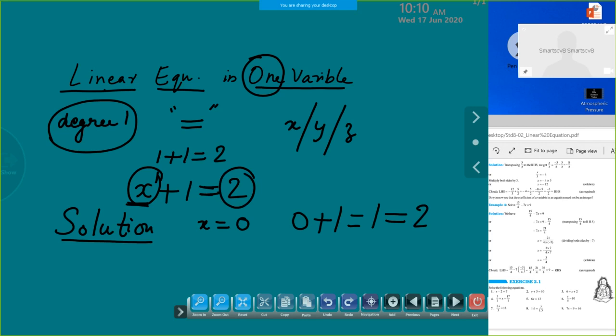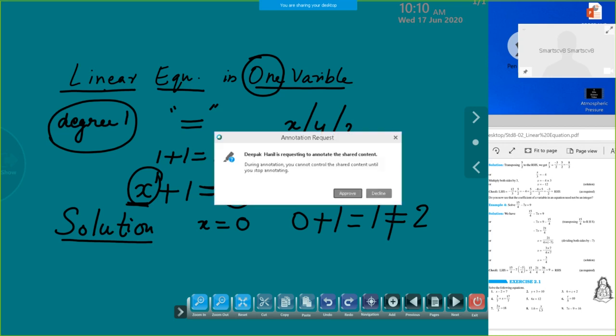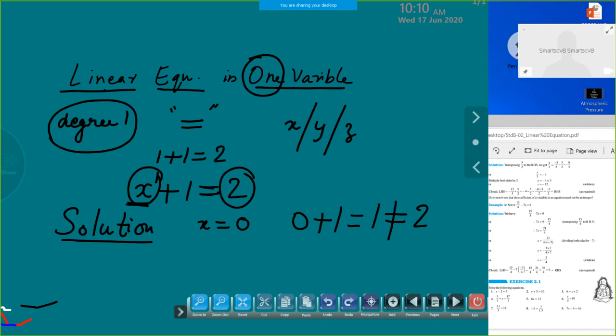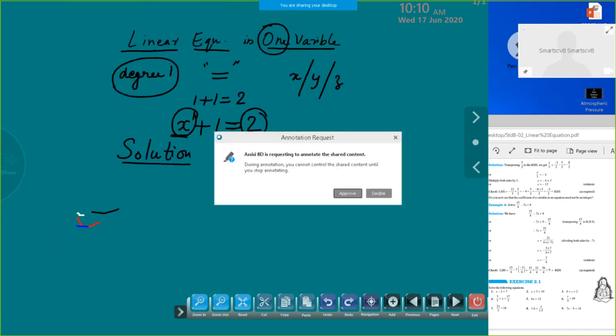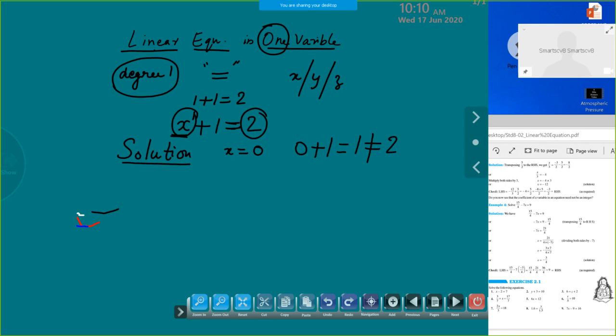I explained last class that it has two sides, LHS and RHS. Is 1 and 2 equal? No. When they are unequal, we say it is not balanced. So it should be a balanced equation, then you can say it is a solution.